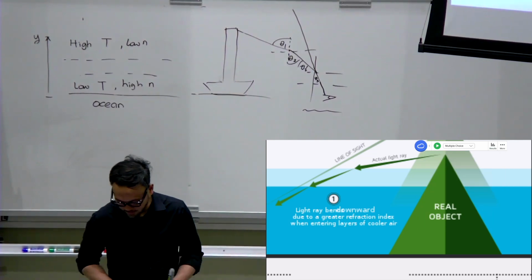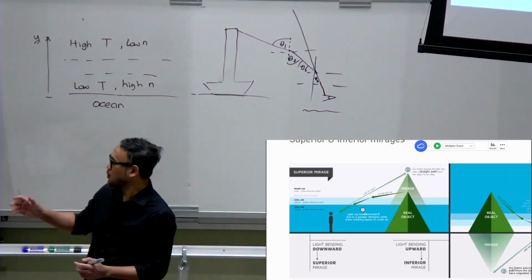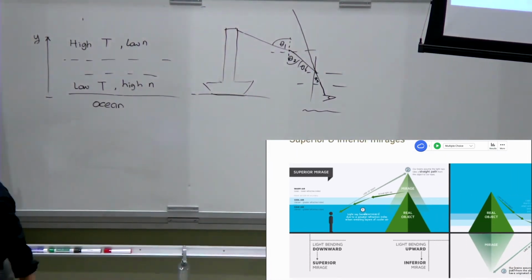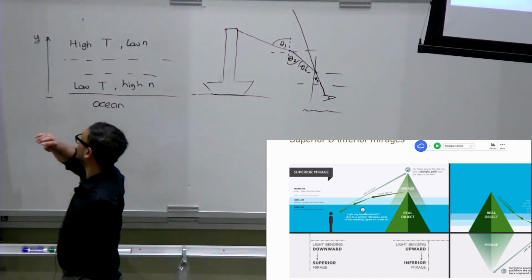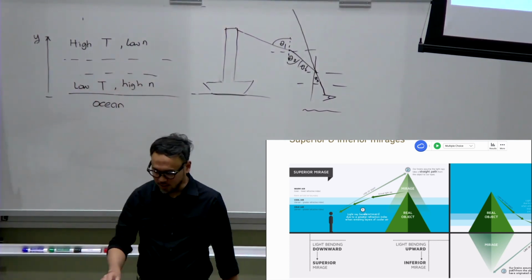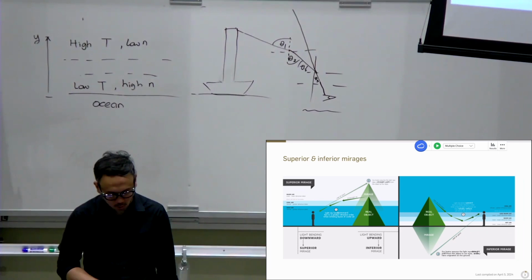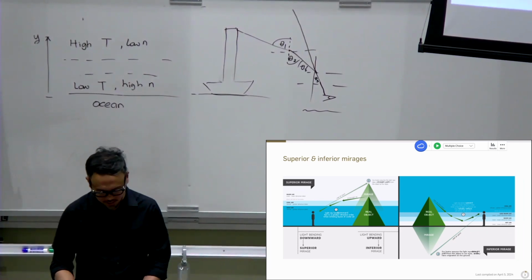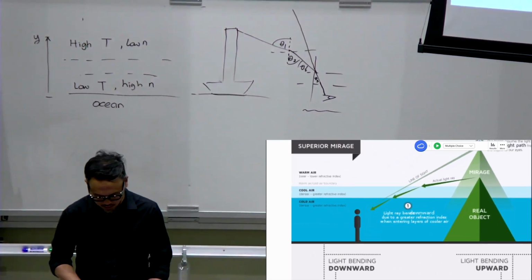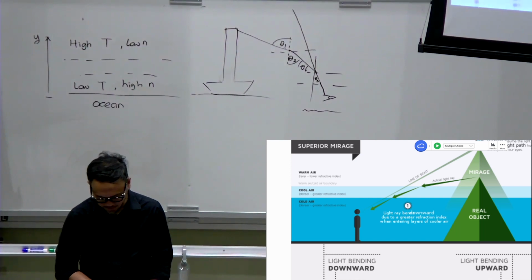So one way to do that is using your knowledge of Snell's law and total internal reflection. Another way is using this slide here. There is no total internal reflection on the superior mirage panel.